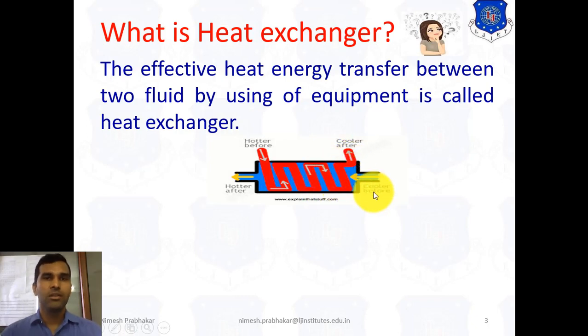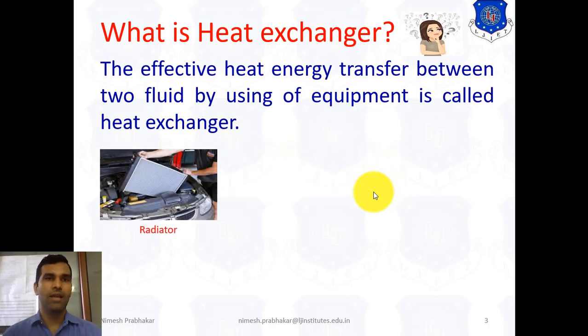Now this is a simple example. For better understanding, we give another example, like a radiator. We see a radiator in our car. First of all, what is the function of this radiator?